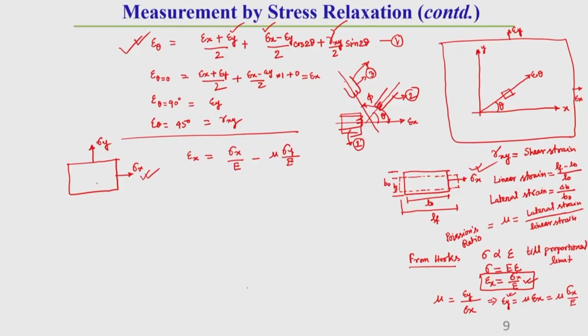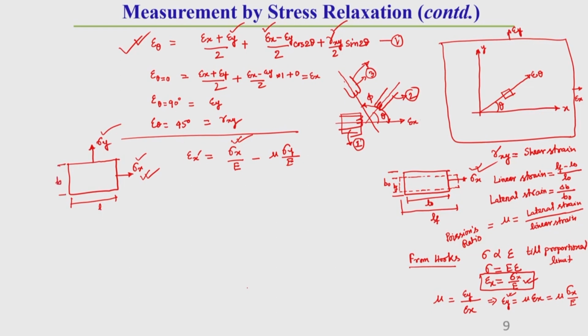Now, if a body is subjected to both the stresses sigma x and sigma y, due to sigma x there will be a linear strain along the x direction, correct. Let me represent the overall strain along the x direction due to these two stresses. But sigma y will try to reduce this length direction, let this be the length and this the breadth.